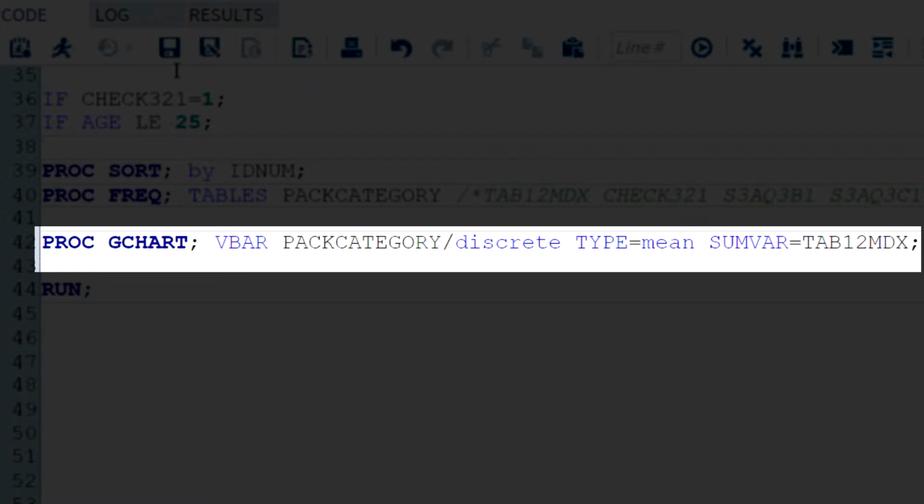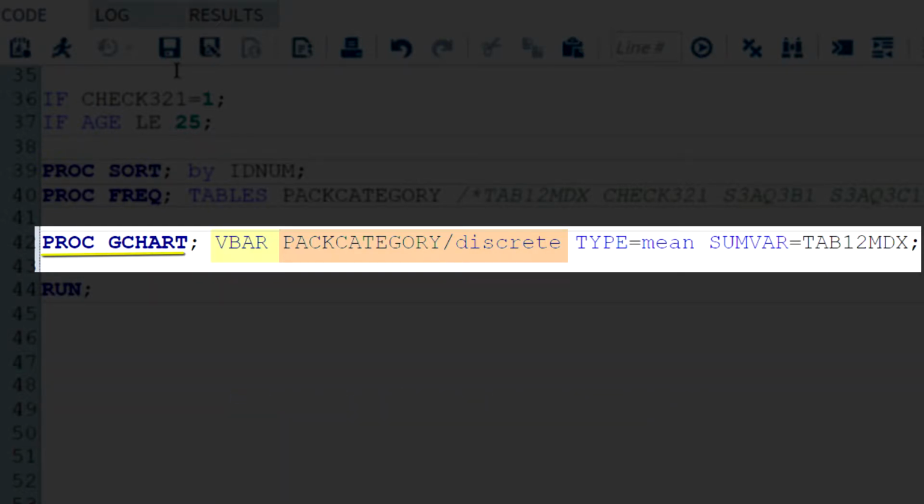Just like the proc gchart code in univariate graphing, vbar requests a vertical bar chart. The categorical explanatory variable pack category / discrete tells SAS that we want levels of our categorical explanatory variable to be represented on the x-axis.